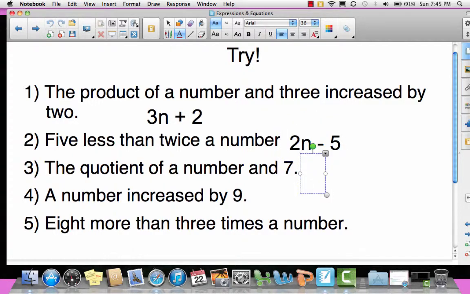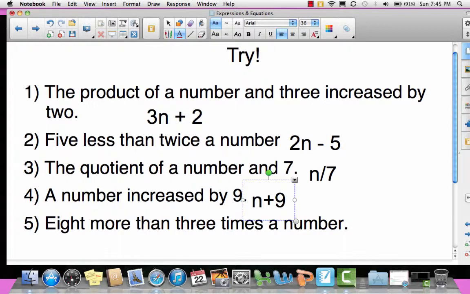Number 3, the quotient of a number and 7. And this is going to be written as a division problem because of the word quotient. And because we're working with algebra, we're going to make it look like a fraction. So n divided by 7. Number 4, a number increased by 9. Increased by tells me to add, so n plus 9.